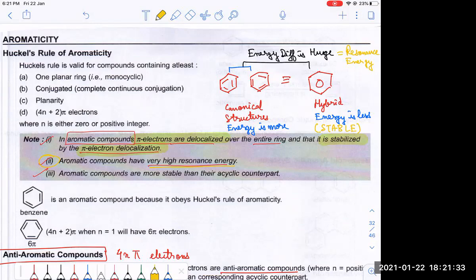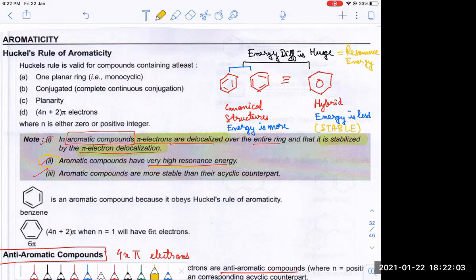The compound has to be cyclic, but I'm not so sure on that, because I'll have to check whether it is compulsory or not. But by my experience, I can tell you I have not seen a compound which is not cyclic and still aromatic. So all aromatic compounds are cyclic, which I have seen.